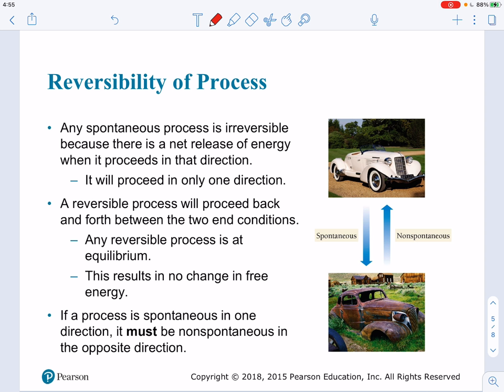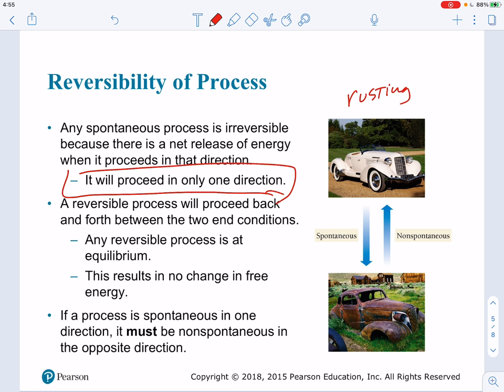Okay? So if you have a process that is spontaneous, if it's a reversible process or a process that potentially can occur in both directions, then the direction that is spontaneous will drive the reaction. So for example, roasting. Here we are talking about roasting.